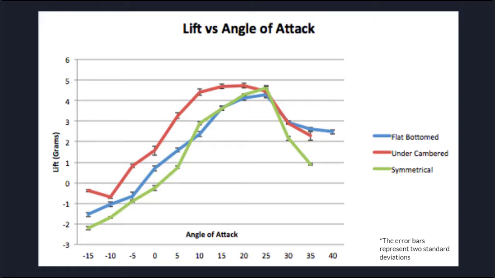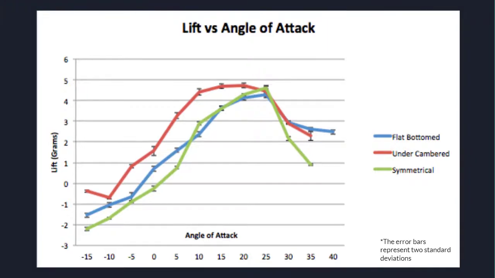As you can see, the amount of lift increases as the angle of attack increases until the stalling point, where they all start to decrease. Throughout all of the angle of attacks, the most lift was produced by the undercambered airfoil, followed by the flat-bottomed airfoil, until a part of it where the symmetrical airfoil was higher.